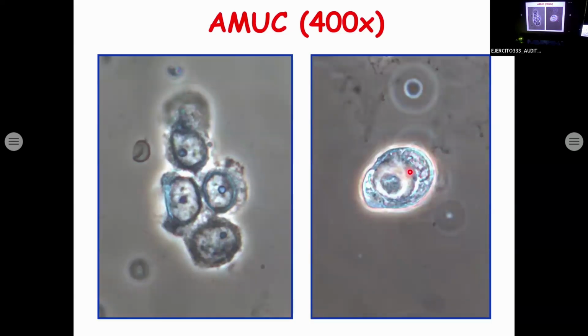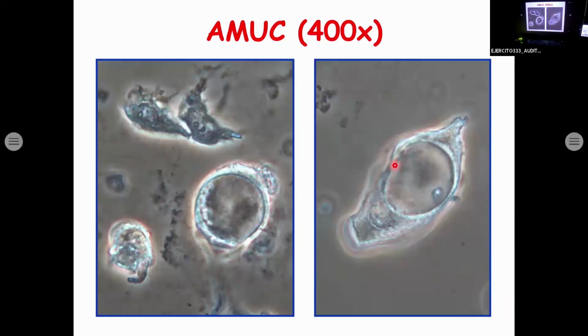This is a cell with a very large nuclear inclusion with the morphological appearance of an owl's eye cell. At this point, I have a question for you. Again, other examples of these cells with very large nucleus.